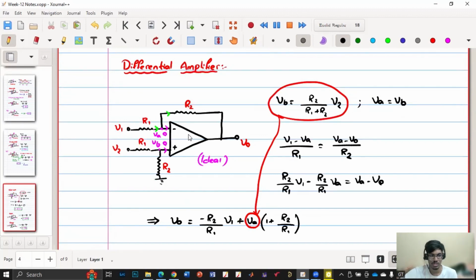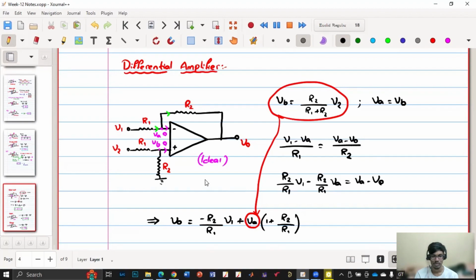In the practical situation, if you want a comparator, there are comparator ICs, and if you want an amplifier, you have to buy an op amp and connect the circuit. Here there is a negative feedback. If you remove this and connect only two things, then it will still work like a comparator.